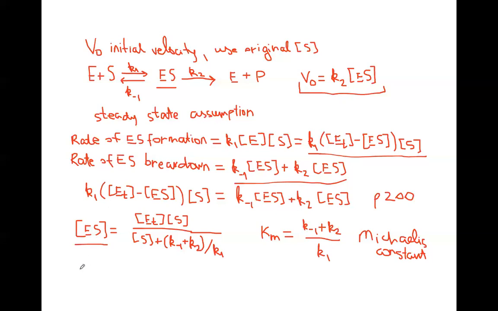And so V naught will equal K2 times enzyme total times substrate over Km plus substrate.